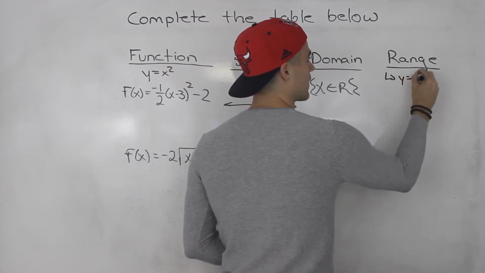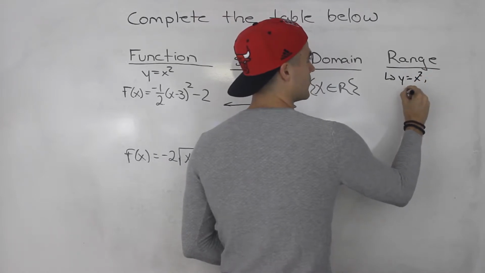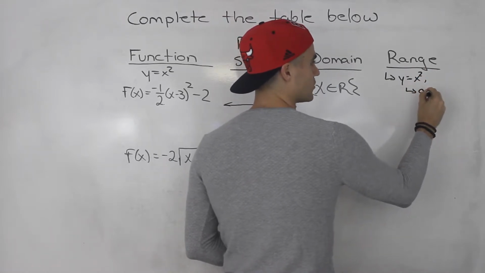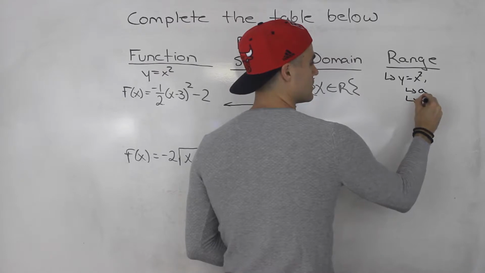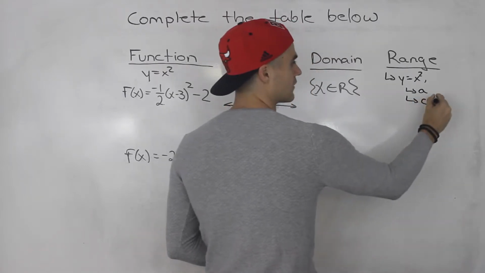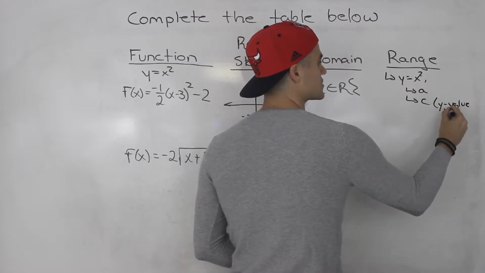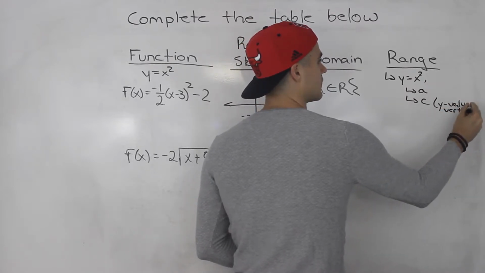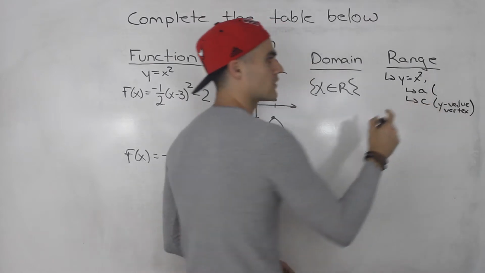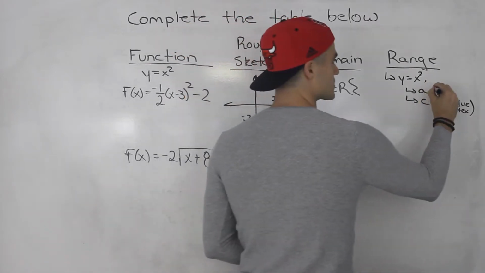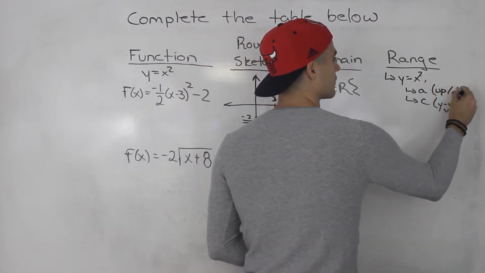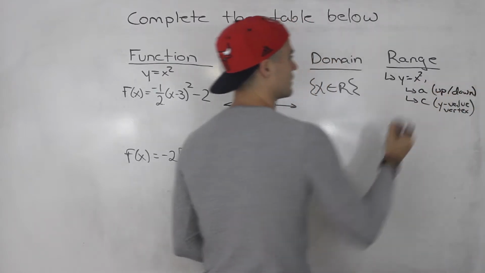So for x squared that's been transformed by the a value and the c value, because the c value gives us the y value of the vertex, and then the a value, whether it's positive or negative, tells us whether the parabola opens up or down. And that's all you need for the range.